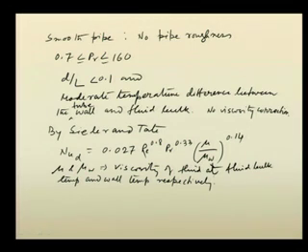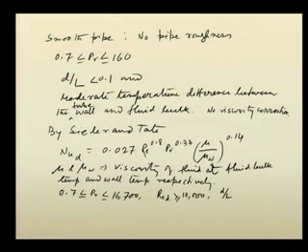The other ranges are that the Prandtl number is again 0.7 less than or equal to Prandtl less than or equal to 16,700, a bigger range, the Reynolds number based on diameter is greater than or equal to 10,000, and D by L is less than or equal to 0.1.